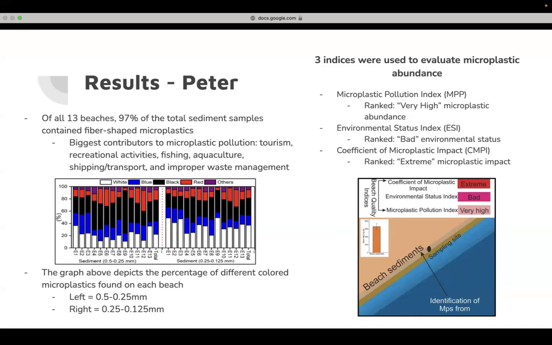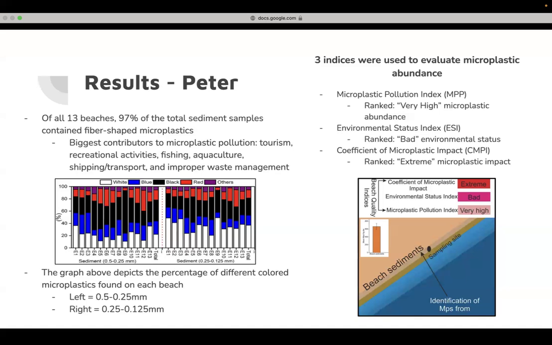Of the 97% of the total sediment samples containing fiber-shaped microplastics, they were assessed by 3 indices. The Microplastic Pollution Index ranked all 13 beaches as very high microplastic abundance. And then the second index used was the Environmental Status Index, which also ranked all 13 beaches as bad environmental status.